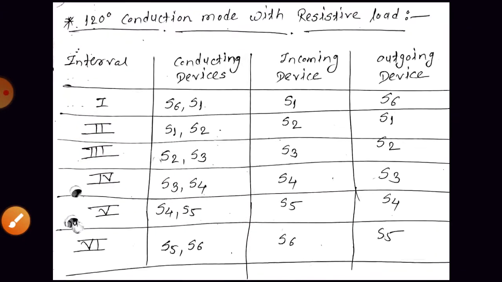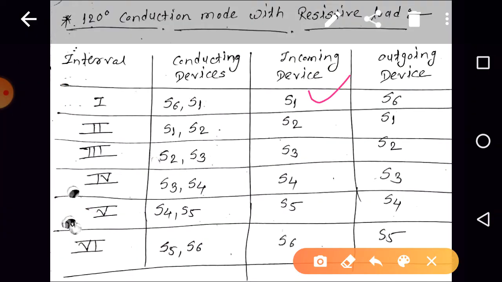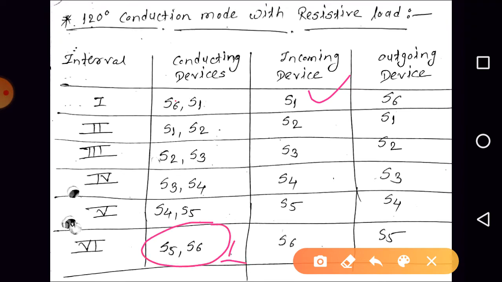Next, during the first interval, which switch is the incoming switch? That is switch number 1, because before the first interval the 6th interval is there, and in the 6th interval switch number 1 is absent, right? So the newly added switch is S1. At the end of interval 1, which switch will be the outgoing switch?